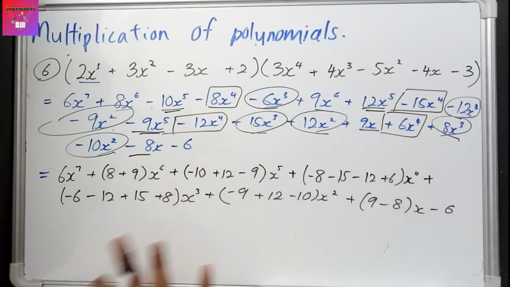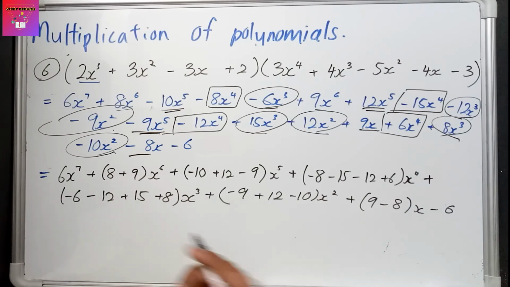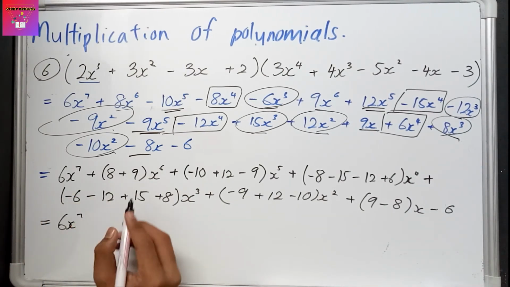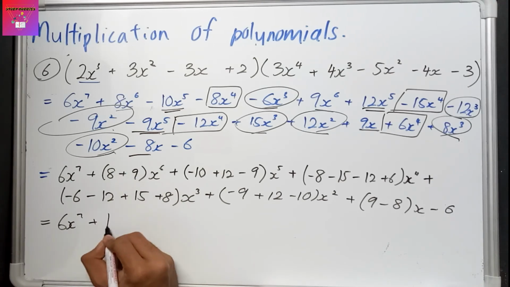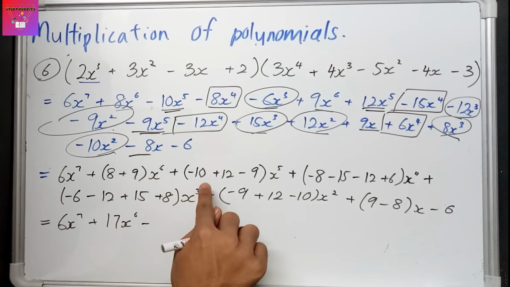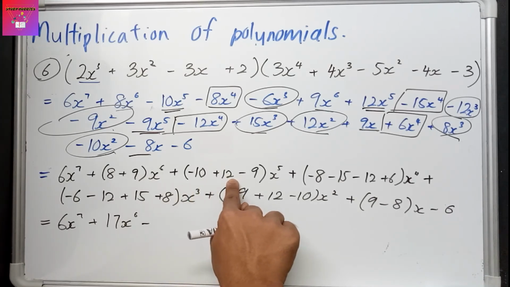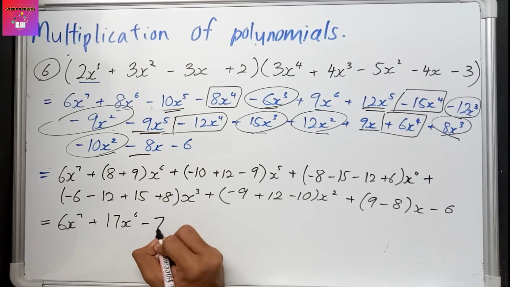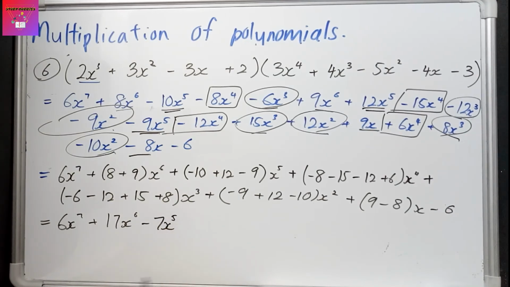So once you have sorted out everything this way, now we're just going to solve and get the whole answer. So 6x to the power of 7, 8 plus 9 is going to be 17x to the power of 6. Then negative 10 plus 12, you're going to get positive 2 minus 9 is going to be negative 7x to the power of 5.